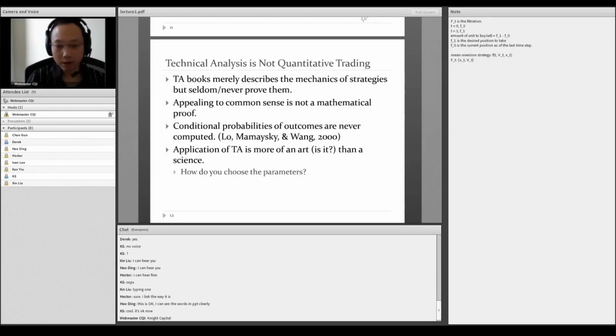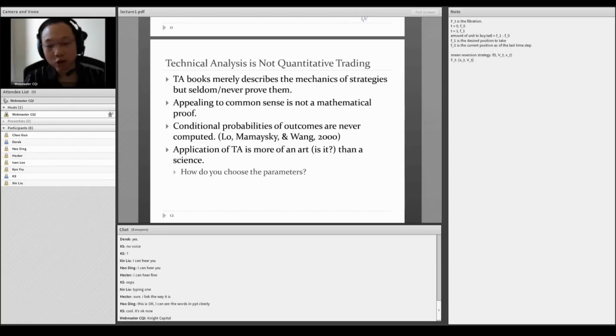Now, speaking from a scientific perspective, if any indicator or any signal provides you with a trading advantage, we should be able to justify that. Like in the 2000 paper from Professor Lo, an MIT professor in financial engineering, the way that he justified a trading signal is by computing the conditional probabilities of outcomes. So basically, you have a trading signal.